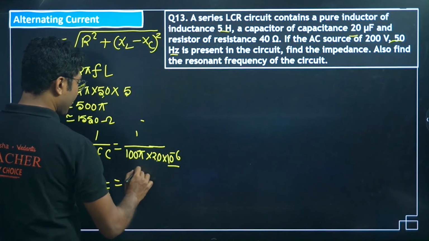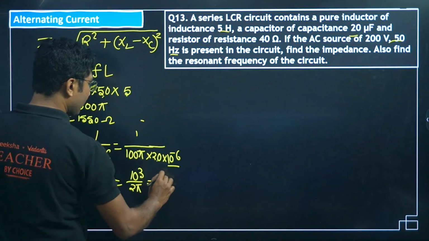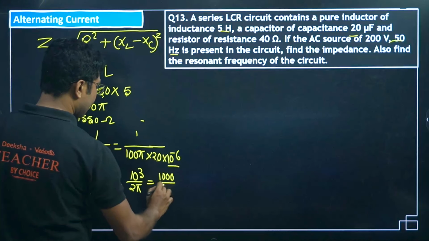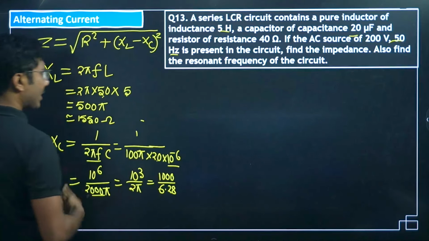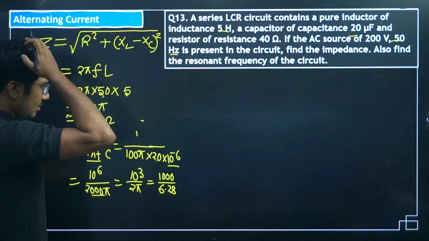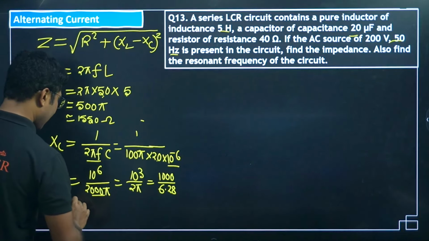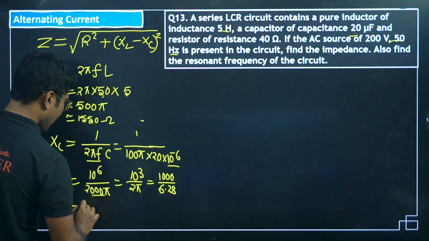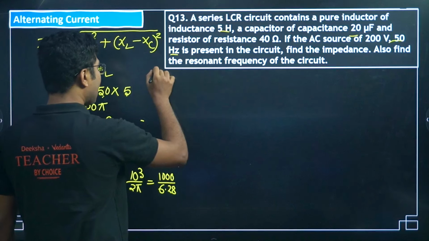So, it will be 10 to the power of 3 divided by 2 pi. So, it will be 1000 divided by 6.28. So, 500 by 3, so that will be about 140 ohm. Exact value I am not calculating, you can calculate that using a calculator.